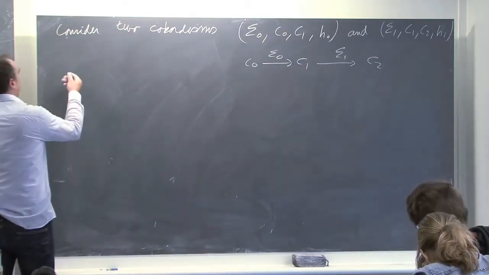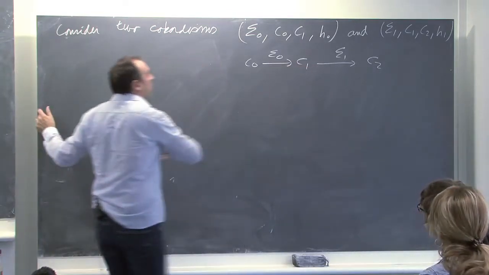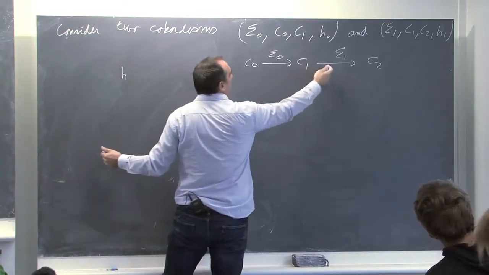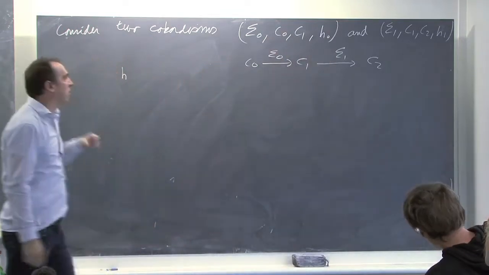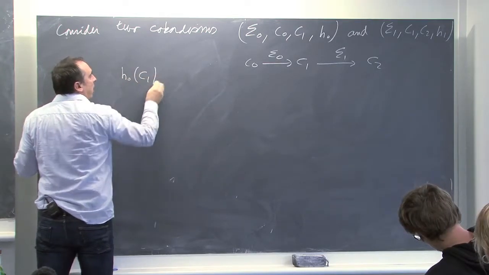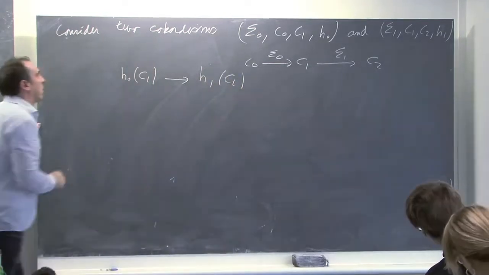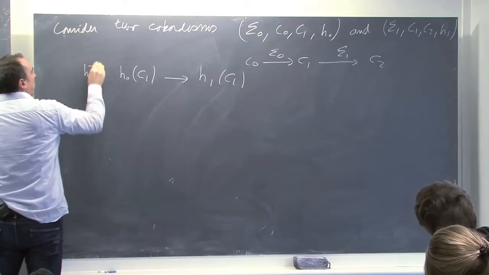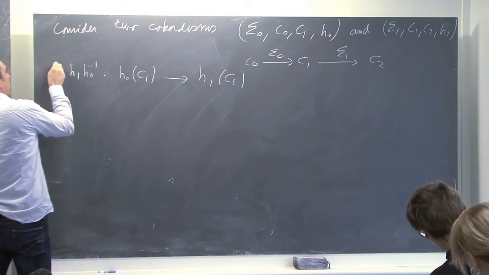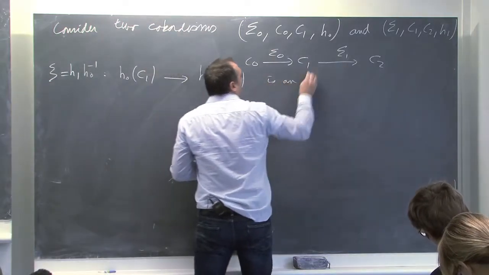So what do you know? We have H0. We want to glue the two surfaces along their common boundary, which is H0 of C1 to H1 of C1. So this map is H0 inverse composed with H1. The restriction of this map to H0 of C1 is an isomorphism.